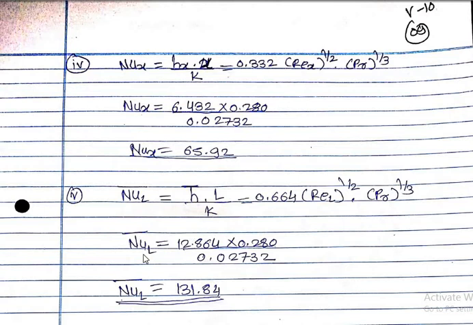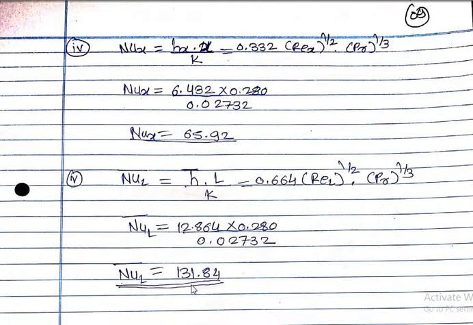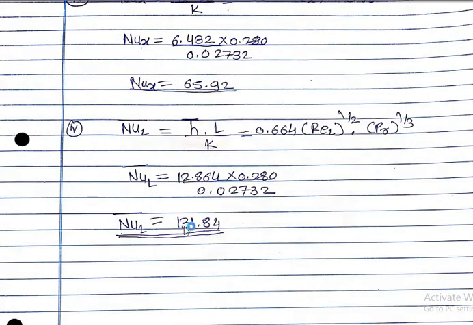So the average Nusselt number is 12.864 × 0.280 / 0.02732, which gives 131.84. As this is a dimensionless number, it has no dimensions. So these three problems are related to plates.